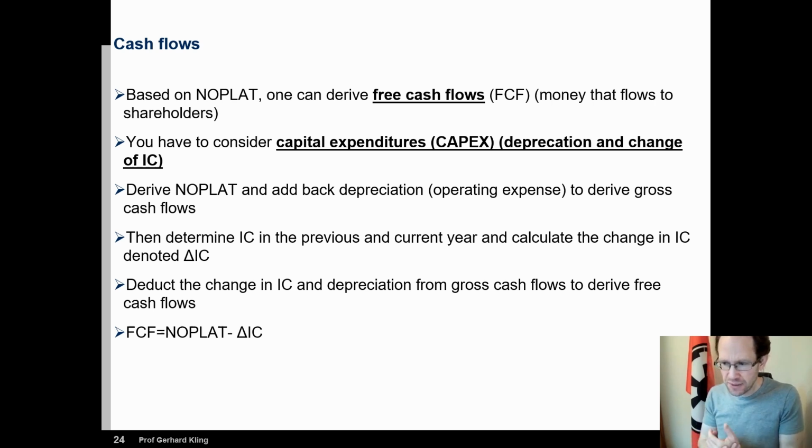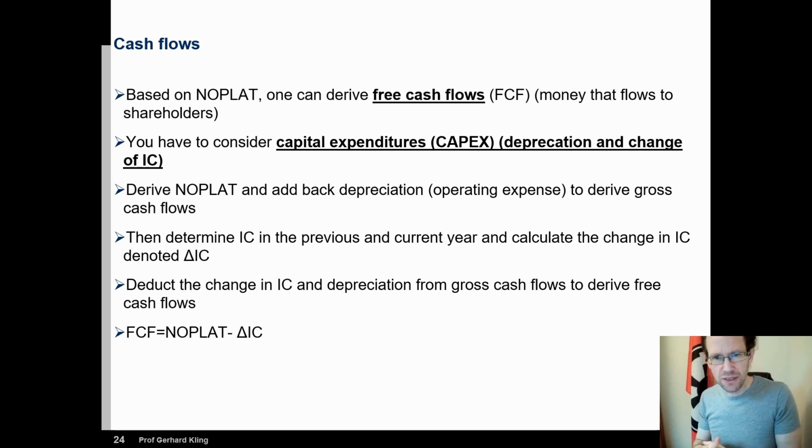The other aspect, of course, is when you start growing your business and your revenue goes up, it's quite likely that you also might need more invested capital to keep running this business. So for instance, you might need to increase your production capacity to serve more customers. So put differently, we have to look at depreciation and a change in invested capital. So if you expand your business, it's very likely that you need more of it. So at the end of the day, that needs to be considered.